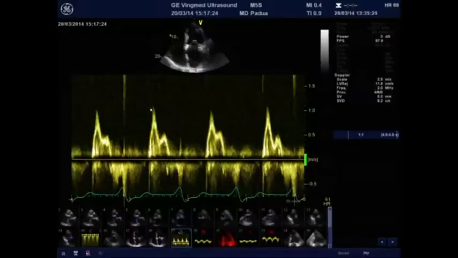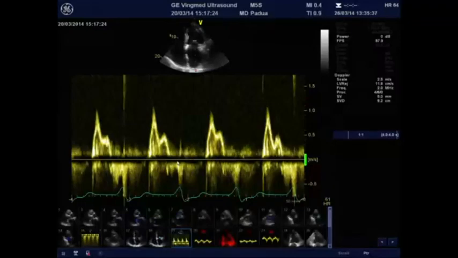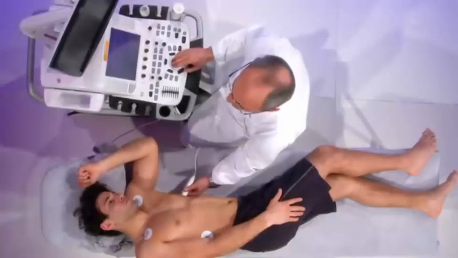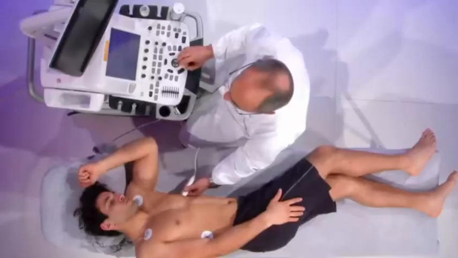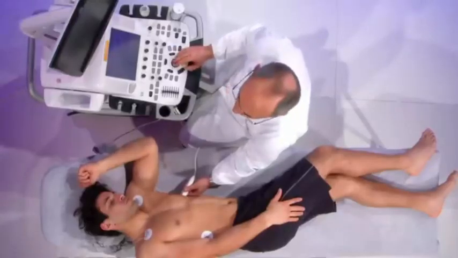This type of left ventricular filling would be pathologic in a normal patient, but this is quite usual in a heart transplant patient. And again, it's really important to measure these velocities and to compare the velocities of the E and the A wave and their relation with what has been quantified during the previous examination to see if there is any worsening of the filling and so of the diastolic function of the transplanted heart.